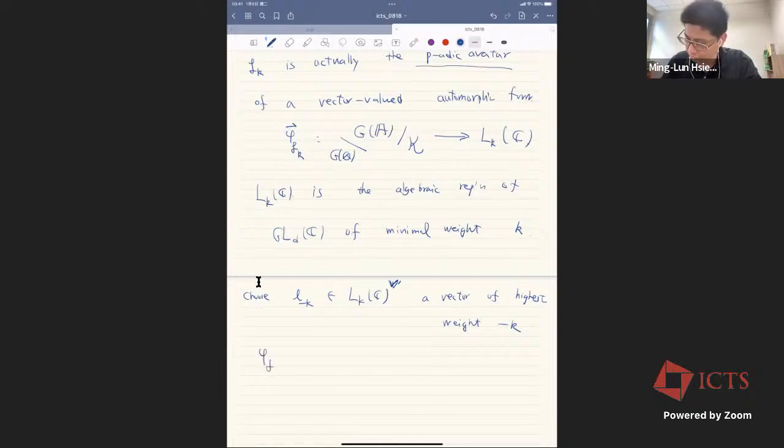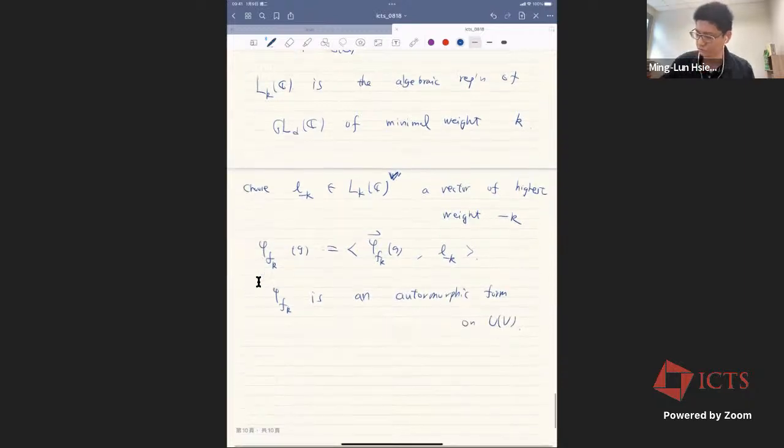And then phi_{F_K}(g) is defined to be a pairing with this highest weight vector. So this is an automorphic form in the usual sense, on the unitary group U(V).